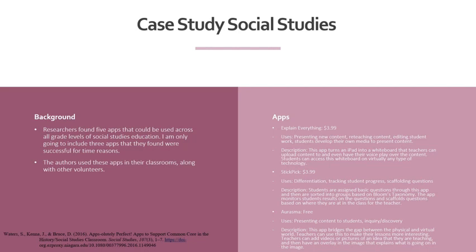The second app I'm going to be talking about is StickPick. This one also costs around $4. The uses for it are differentiating, tracking student progress, and scaffolding questions. StickPick assigns students basic questions in the app, and then through Bloom's taxonomy, it automatically sorts these students in a classroom into groups.